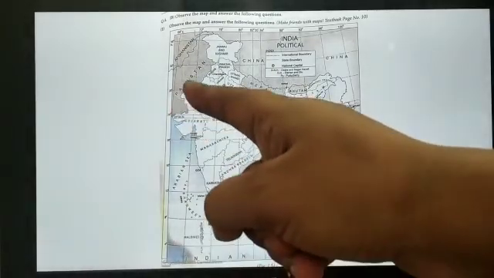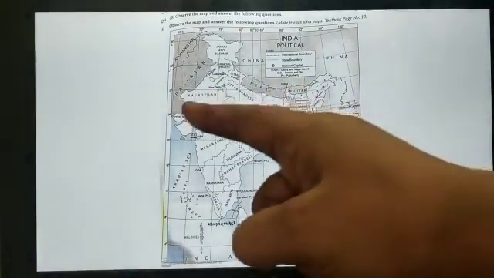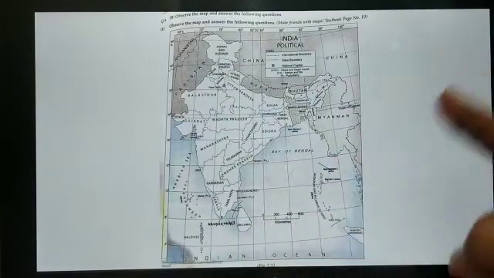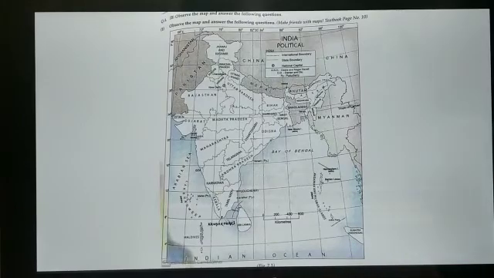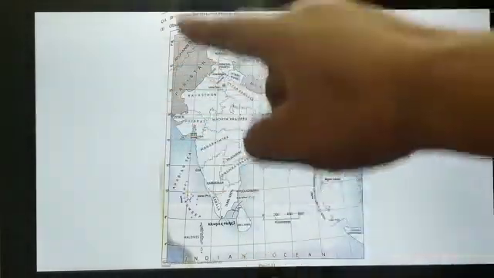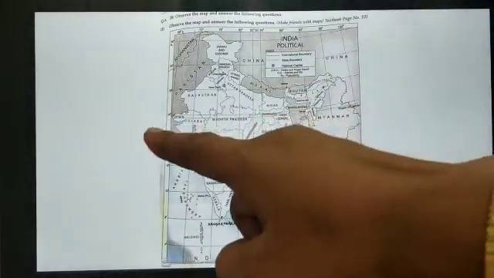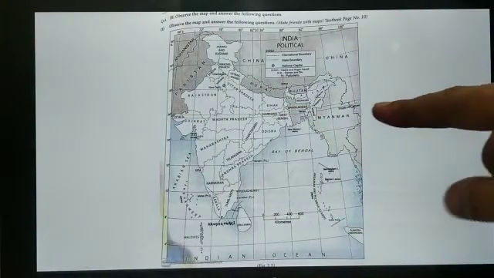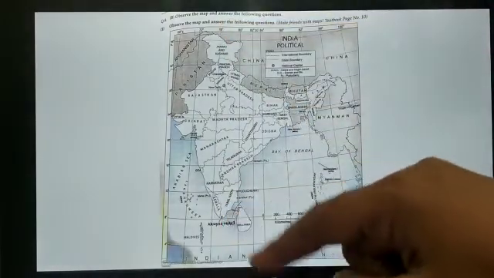You can see neighboring countries also in the eastern side and in the western side. One question was there in your textbook that you are supposed to complete the various neighboring countries of our country. So, latitudinal extent and longitudinal extent. From far east to west, what is the distance in kilometers from west to east and from north to south?